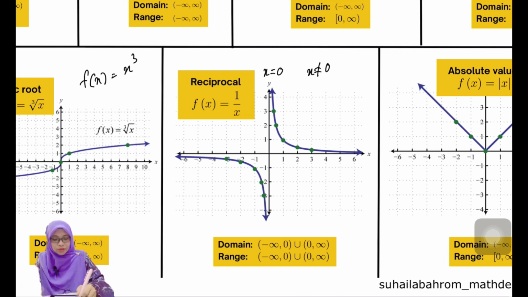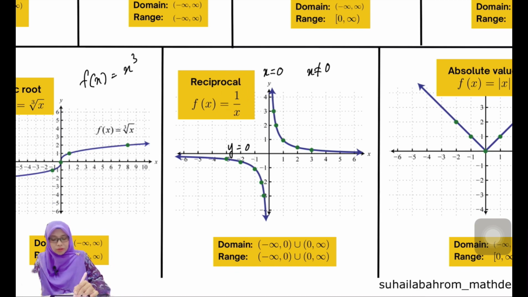The graph also never touches the line y equivalent to 0, which is the x-axis here. So the graph only approaches x equivalent to 0 and also y equivalent to 0, on the left side and also on the right side, but it never touches them for the reciprocal function 1 over x.